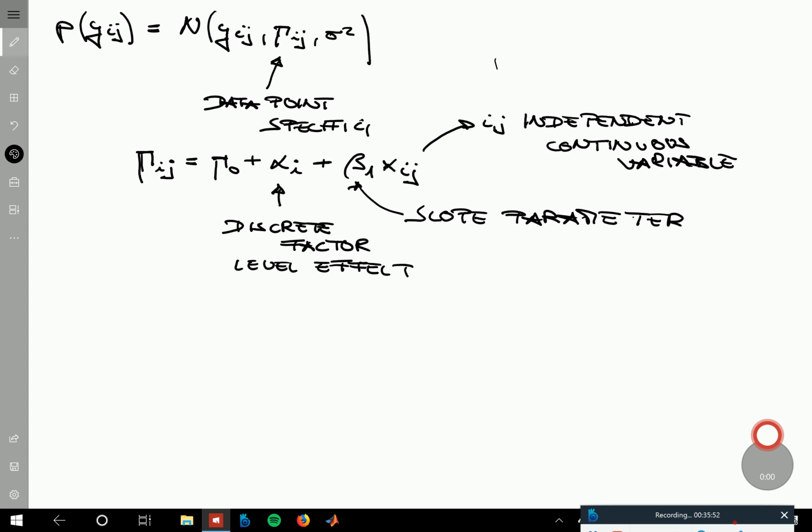Here we only have one x, so we don't label the x's. In addition to what we have in multiple linear regression, we have these discrete factors. And the other way around, in the ANOVA type of things, we only had these discrete factors and we didn't have these independent continuous experimental variables.